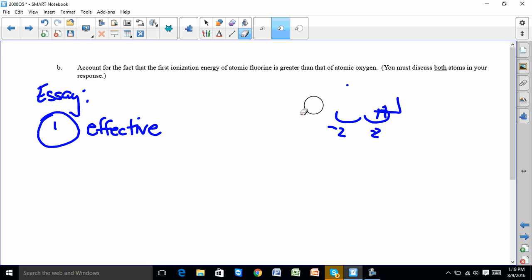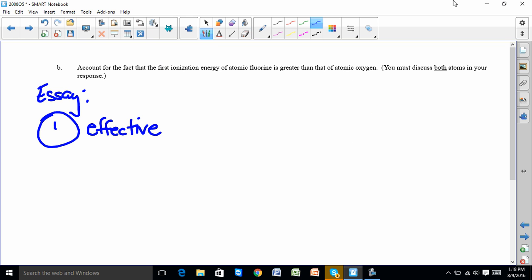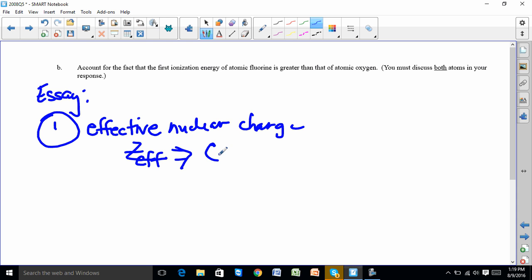Okay, so effective nuclear charge, which I call Z-eff, Z because that's atomic number, eff is atomic number minus the shielding electrons. And then you have to connect that to Coulombic attraction.